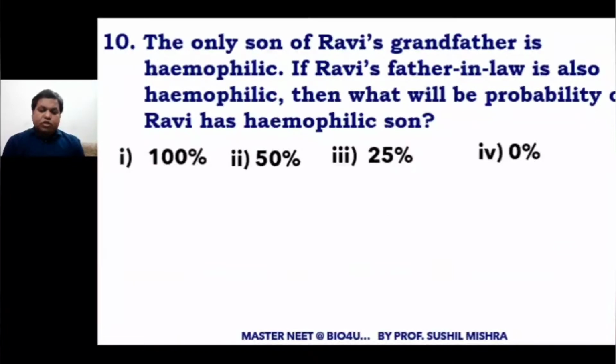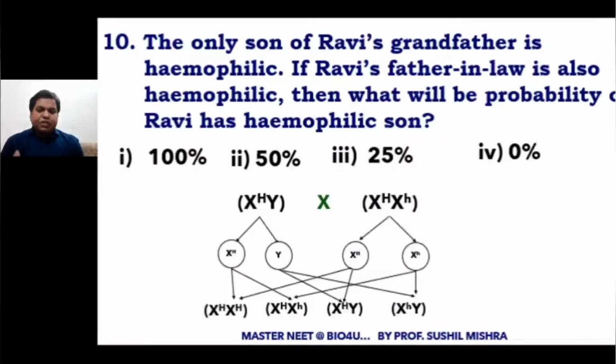So let's go for a cross between normal male and carrier female. A cross between a normal male and a carrier female gives you 4 offspring. First is a normal daughter, second is a carrier daughter, third is a normal son, and the fourth is a hemophilic son. Now what the question says is, what will be the probability that Ravi has a hemophilic son?